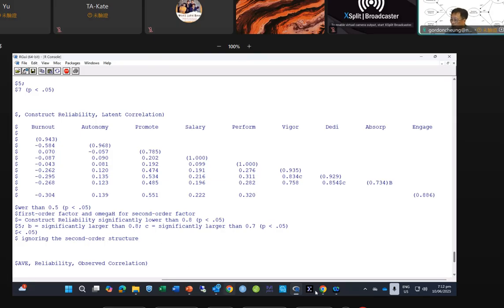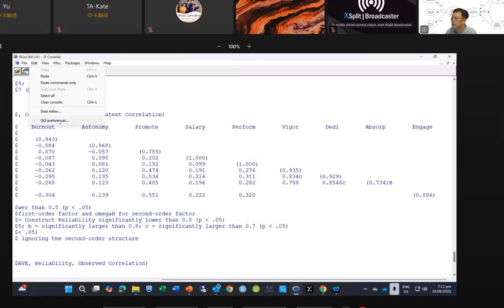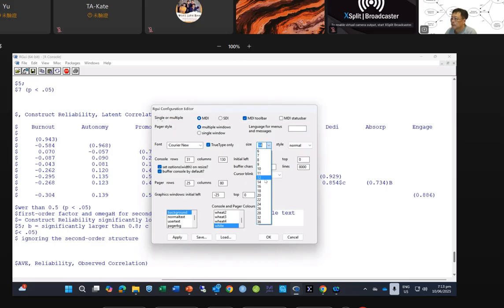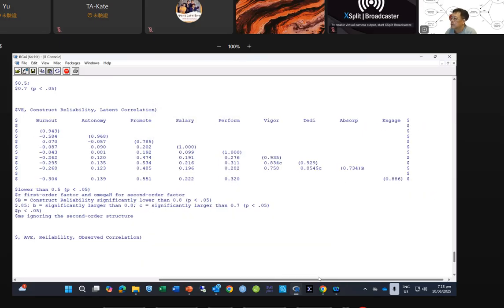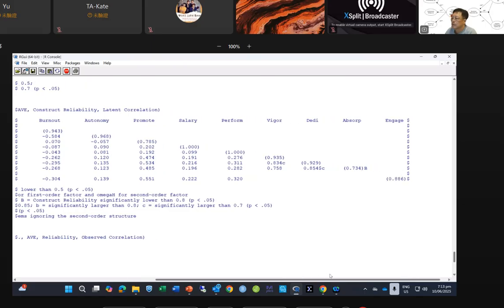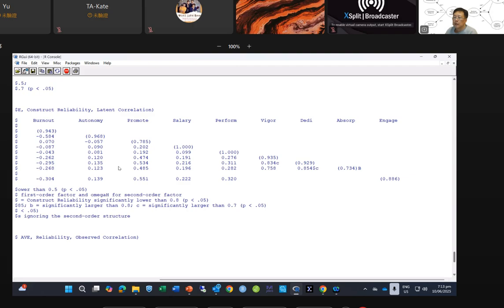I will make it smaller. So I have the reliability.